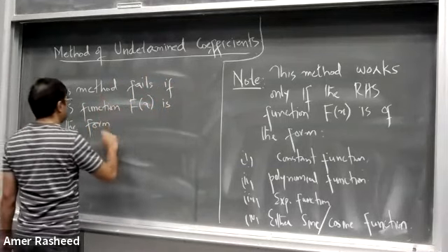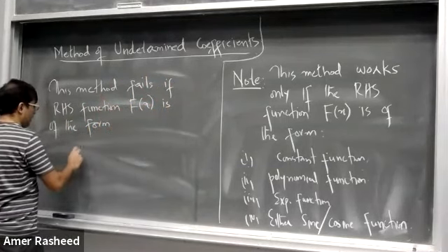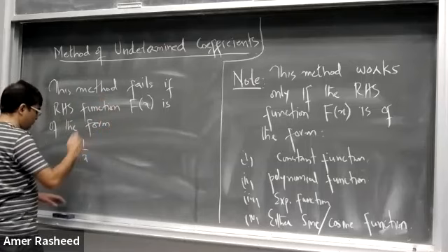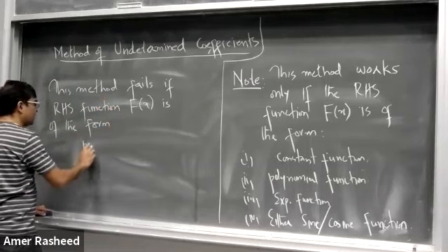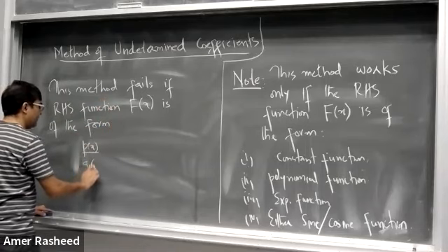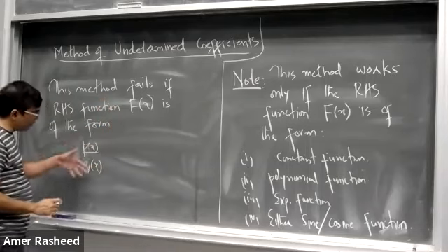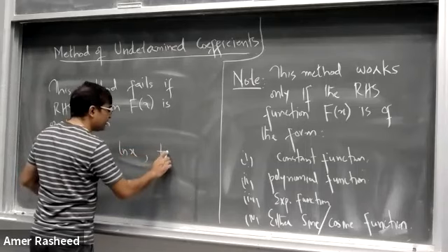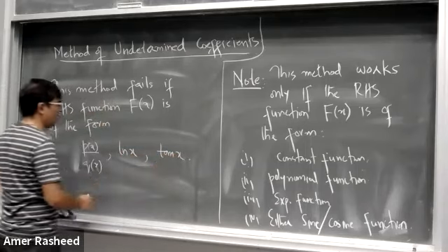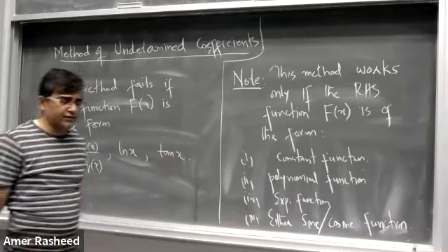or it contains maybe 1 over x, or 1 over polynomial of functions, or the quotient function, some quotient of polynomials. It contains log of x. It contains any other trigonometric functions, tangent of x, or combination of these functions.